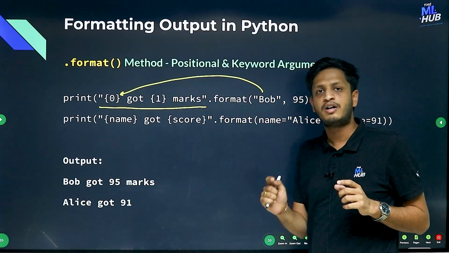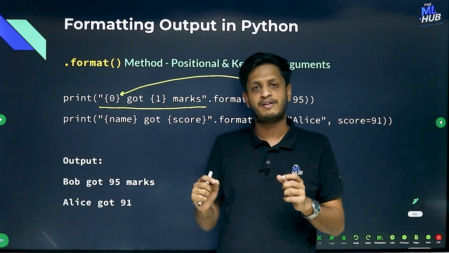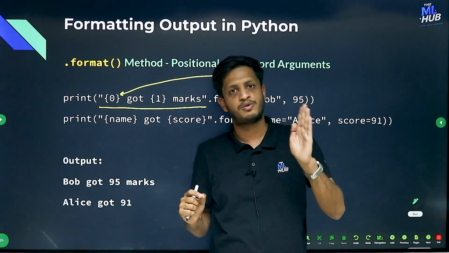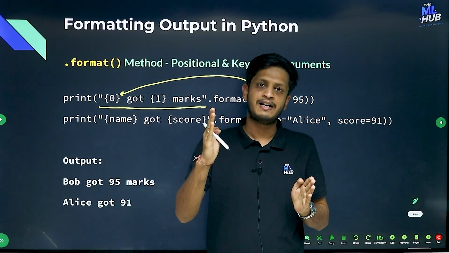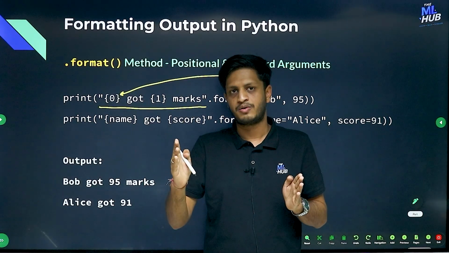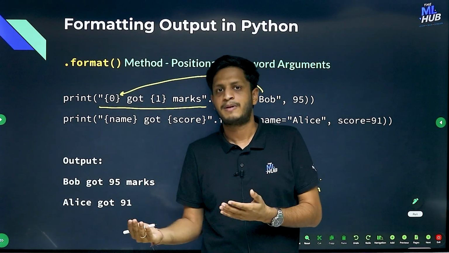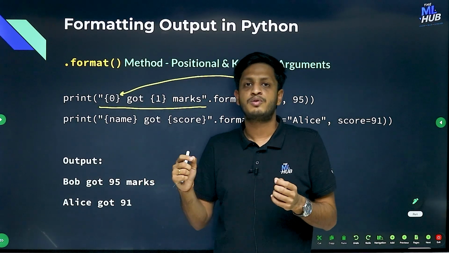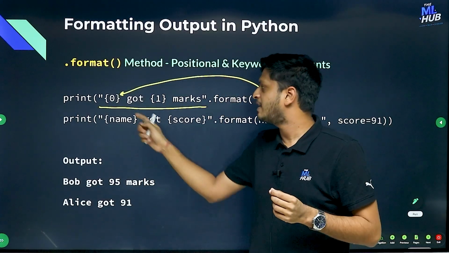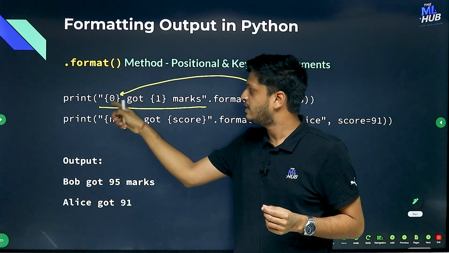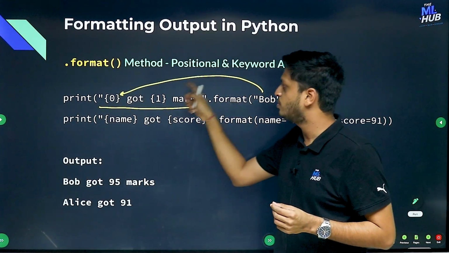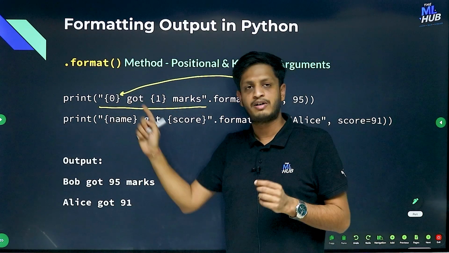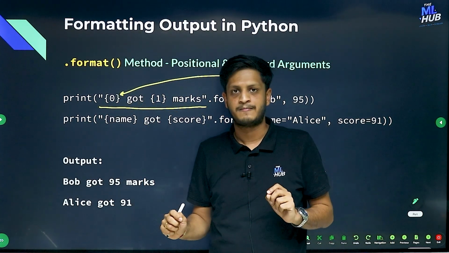See, previously we did not say 0 or 1. So by default, it will consider the first bracket as the first placeholder, or the 0th placeholder, and the second curly bracket as the second placeholder, or the first indexed placeholder. But what if I want to change the positions a little bit? I can write 1 here and 0 here. If I write 1 here and 0 here, the first argument will go to position 0 and the second argument will go in position number 1, or index number 1, right?